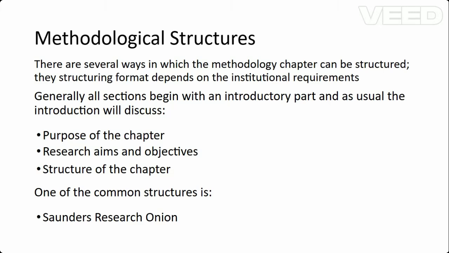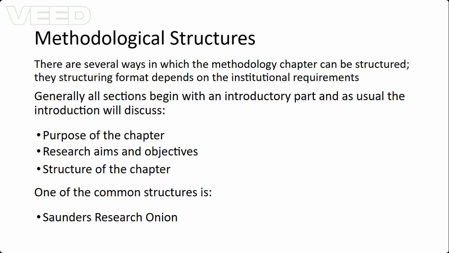Like I said, every institution, every research center has their own way of doing things, and that is supreme to whatever we are teaching here. I'm just giving you a common practice which most researchers are currently using, which is the Saunders Research Onion.